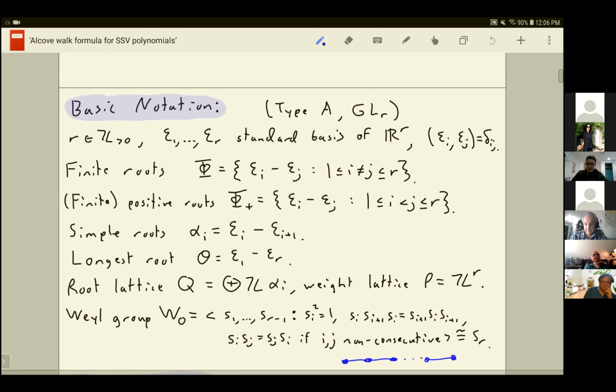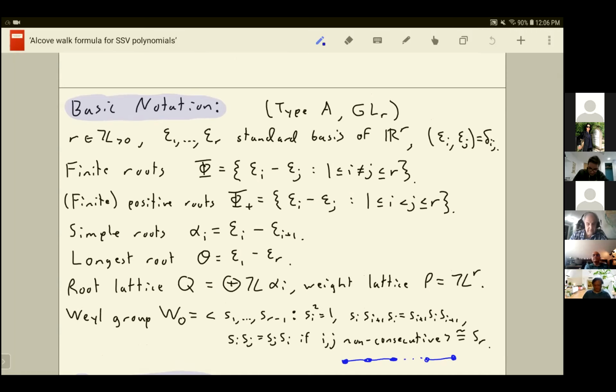So first, we have all the usual notation. In this talk, I'm just going to focus on the type A case. Everything could be done in other types, but SSV polynomials so far have only been defined in type A, so we'll just stick to that. And here I am going to do the GL case. So in particular, my weight lattice is going to be all the integer points.